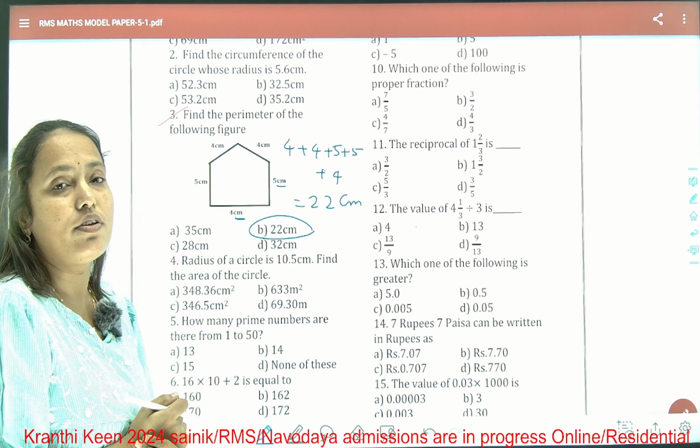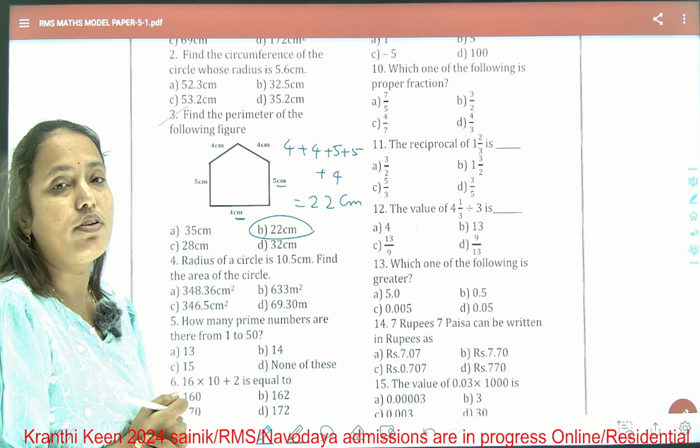Suppose if you take the first option, 7 is big and 5 is small, meaning the numerator is greater than the denominator, so this is not the right answer. If you take this also, this is not the correct answer. Here, if you take 4 by 7, 4 is less than 7, which is nothing but a proper fraction. The answer is proper fraction.